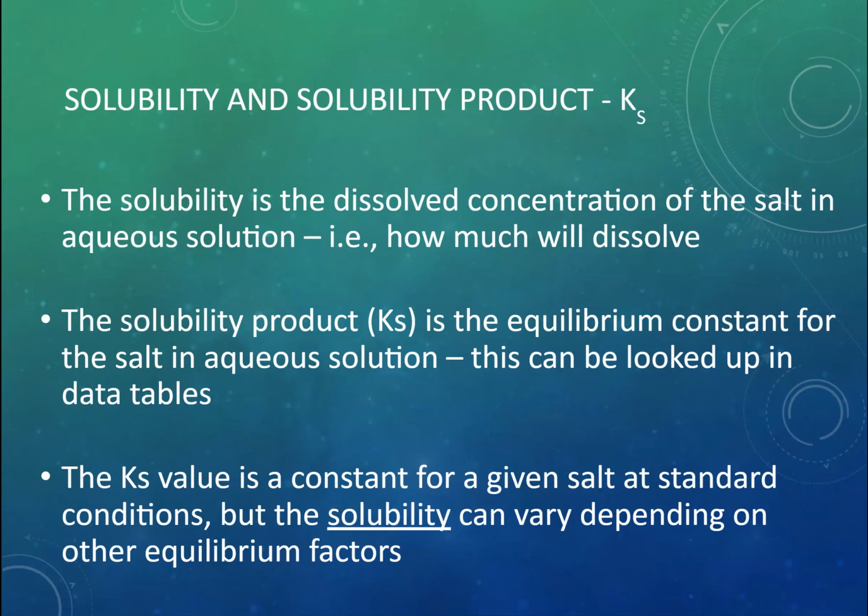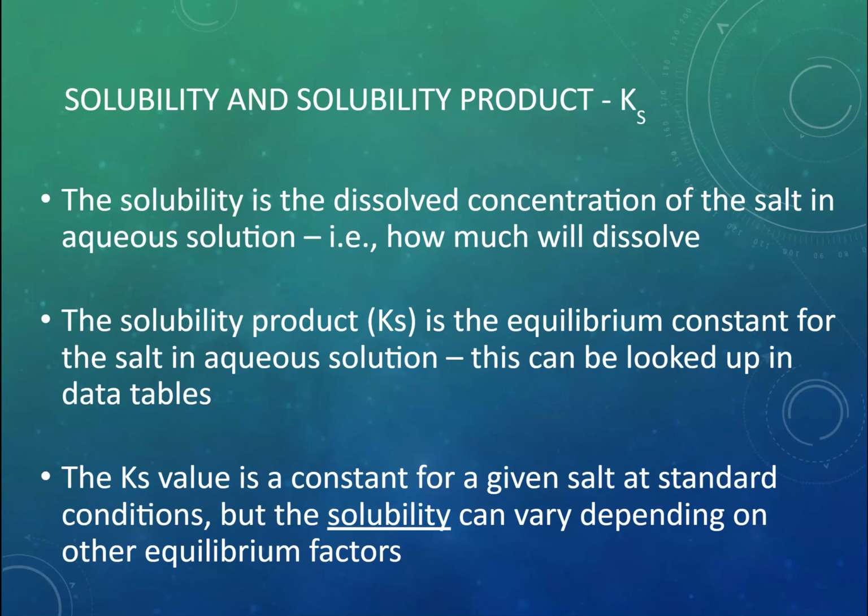So we all know that if you heat up water, then you will get more salt dissolving, right? There are other things that can affect it too, and anybody who's played around with the old ion standard knows that when you change the pH of a solution or you add extra ions into it, then it can change the solubility.